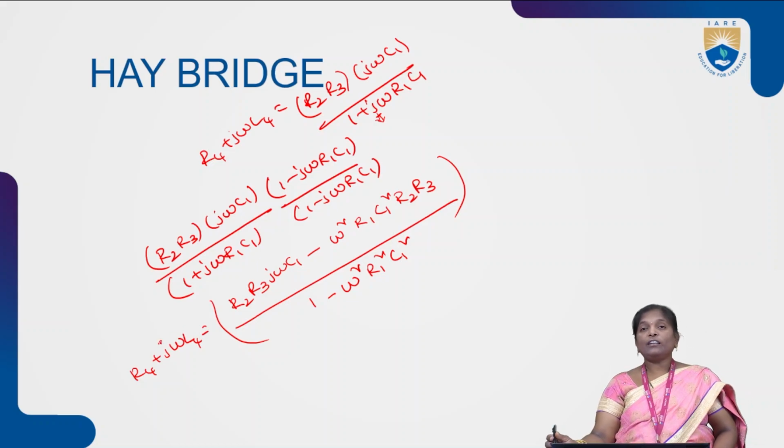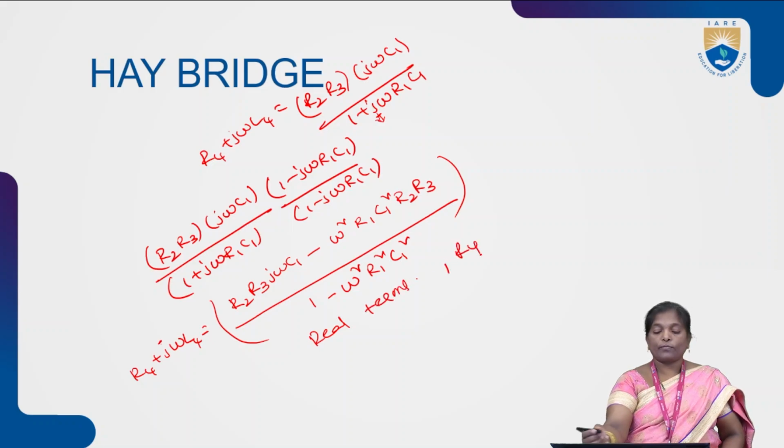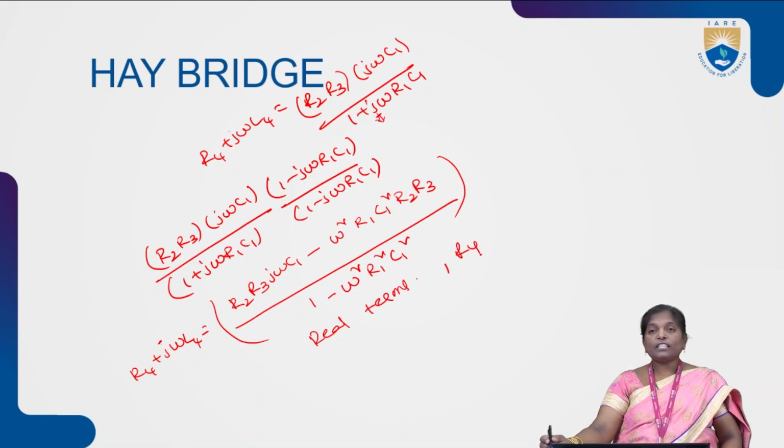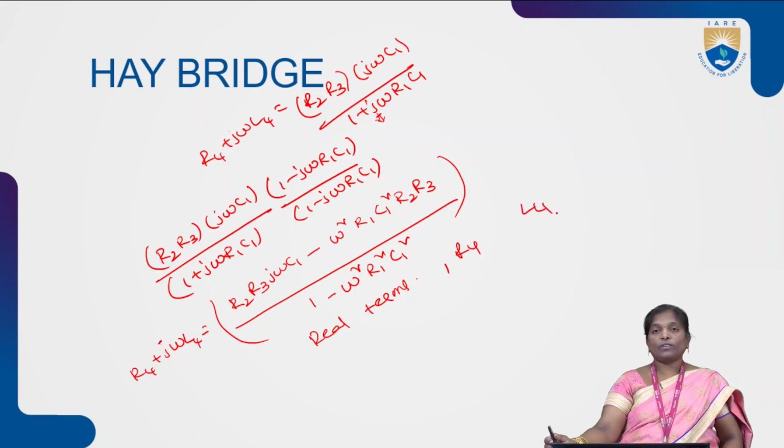From this equation, if you equate real terms on both sides, then we get the expression for R4. Similarly, when we equate imaginary terms on both sides, we get the expression for L4.